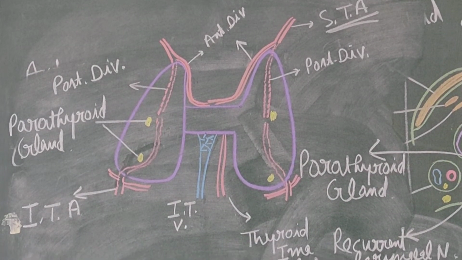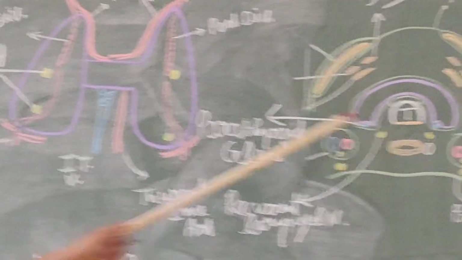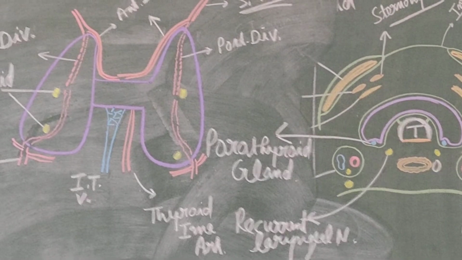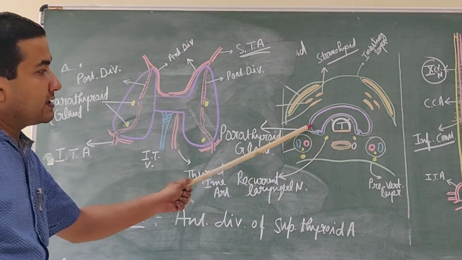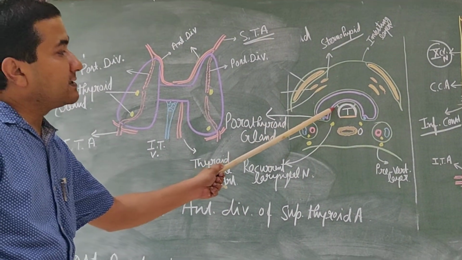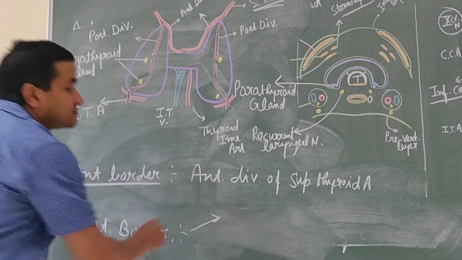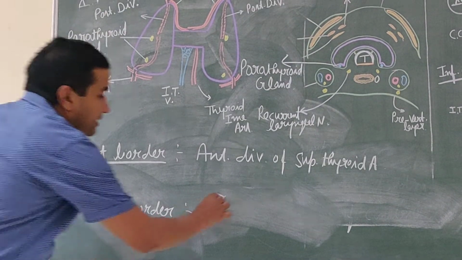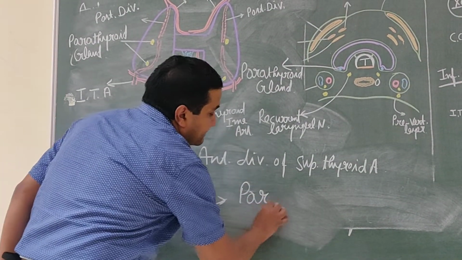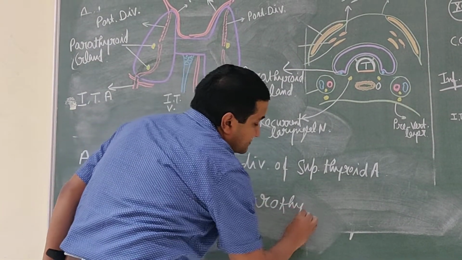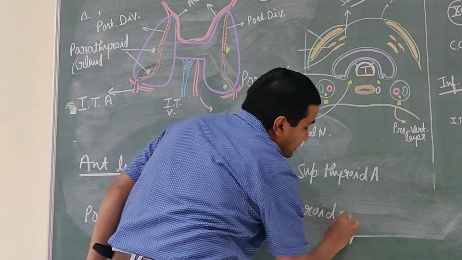Now the posterior border. This posterior border is thick and rounded, and it separates the posterolateral surface from the medial surface. This posterior border is related with the parathyroid glands.